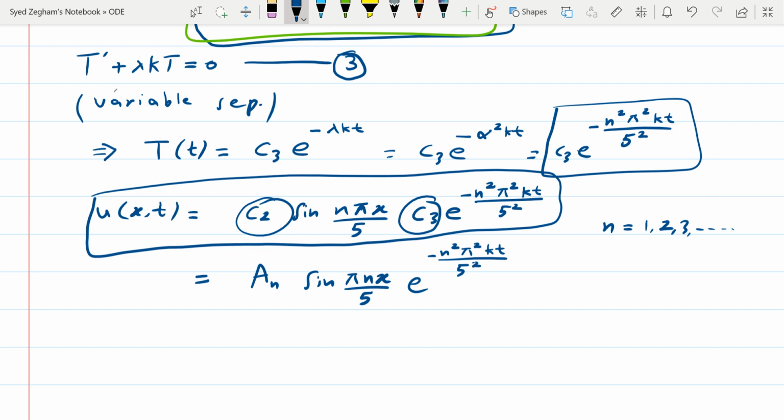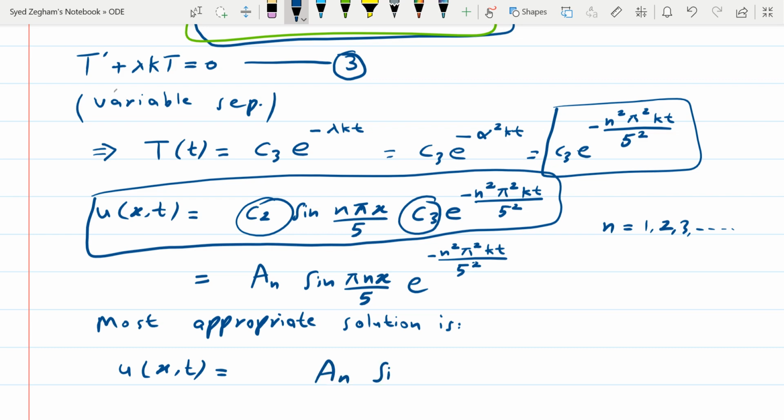Another thing which we have to consider, and we will write that the most appropriate solution is u(x,t) is equal to an sine n pi x over 5 e to the power minus n square pi square kt divided by 5 square.